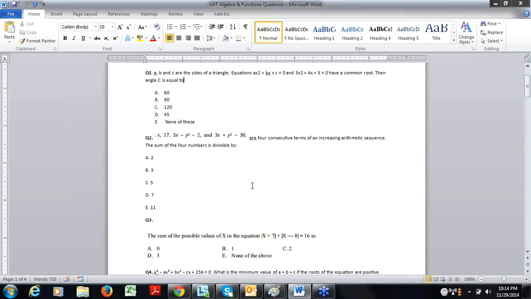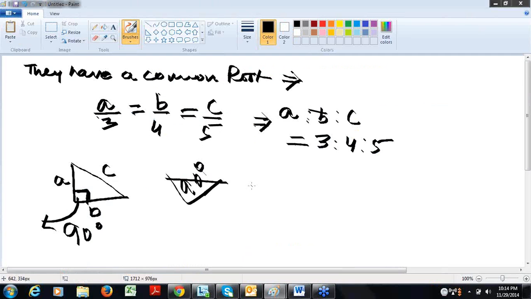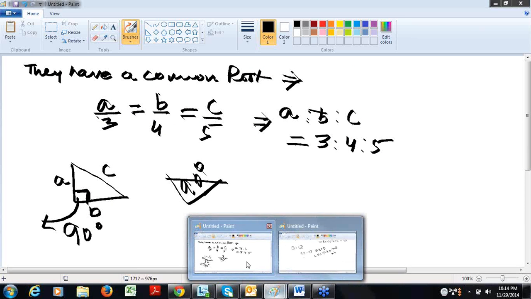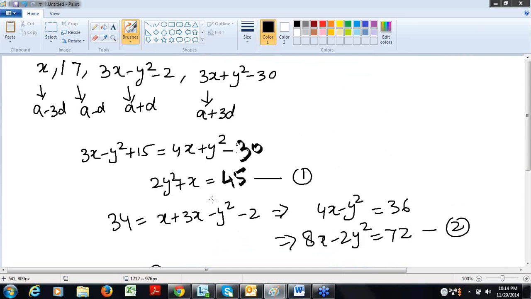So these are the 4 numbers: x, 17, 3x minus y square minus 2 and 3x plus y square minus 30. Let the 4 numbers in arithmetic progression be a minus 3d, a minus d, a plus d, a plus 3d, with a common difference of 2d.